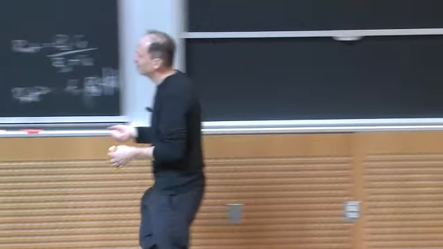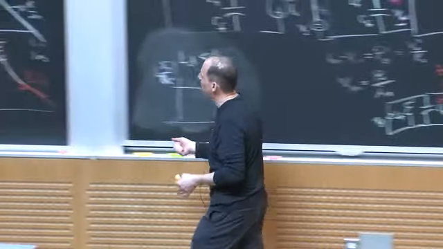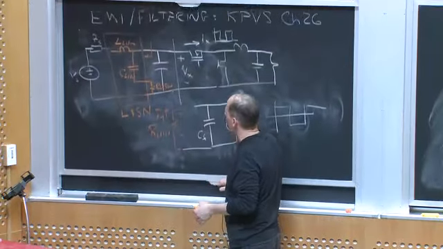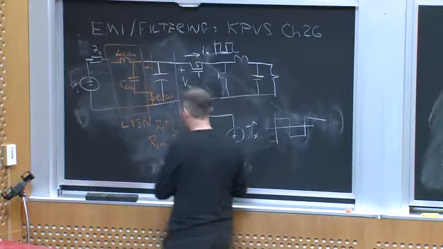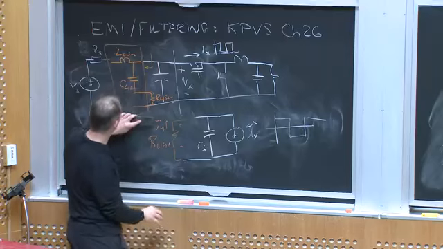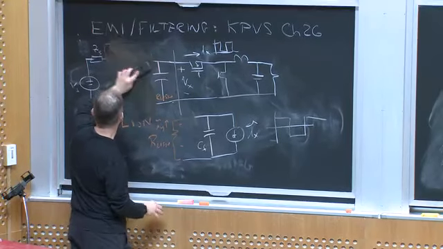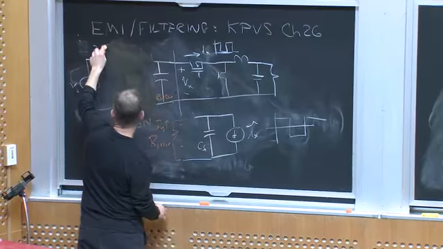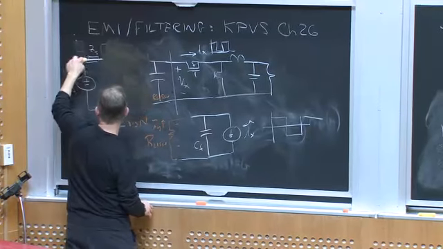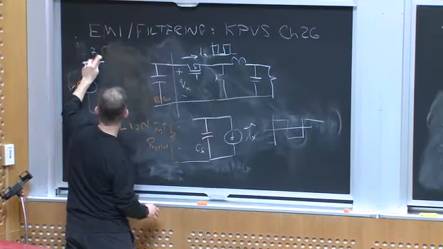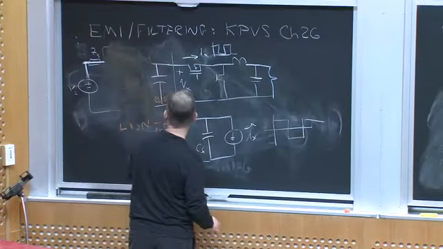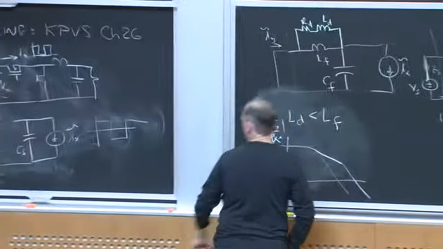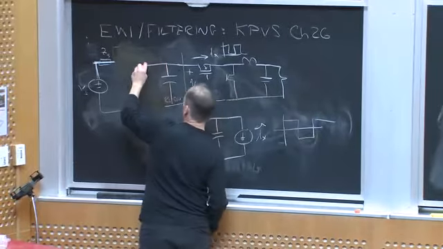If I come back to the baseline here, maybe I don't have my load here, that's fine. There's no load when I'm running in the real world, and maybe my source impedance is low, but I still have some converter and filter, and who knows what this looks like.